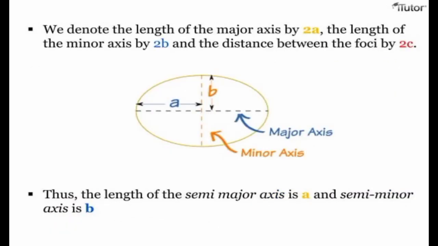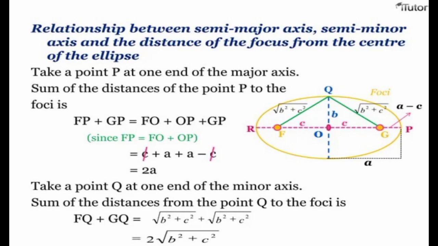We denote the length of the major axis by 2a, the length of the minor axis by 2b, and the distance between the foci by 2c. Thus, the length of the semi-major axis is a, and the semi-minor axis is b. Take a point P at one end of the major axis.